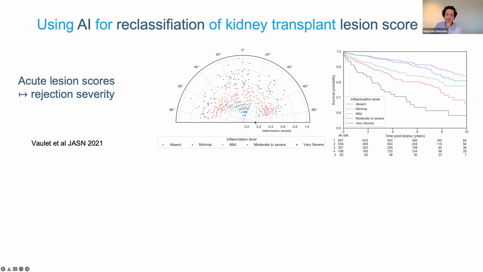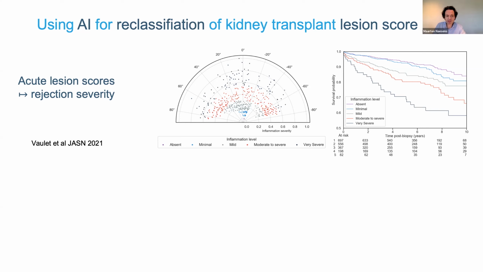So this really indicates that the polar plot and the clusterization algorithm he built was not only able to classify different rejection phenotypes quite accurately, but also to indicate some severity of kidney transplant rejection, which is currently completely lacking in the Banff classification.